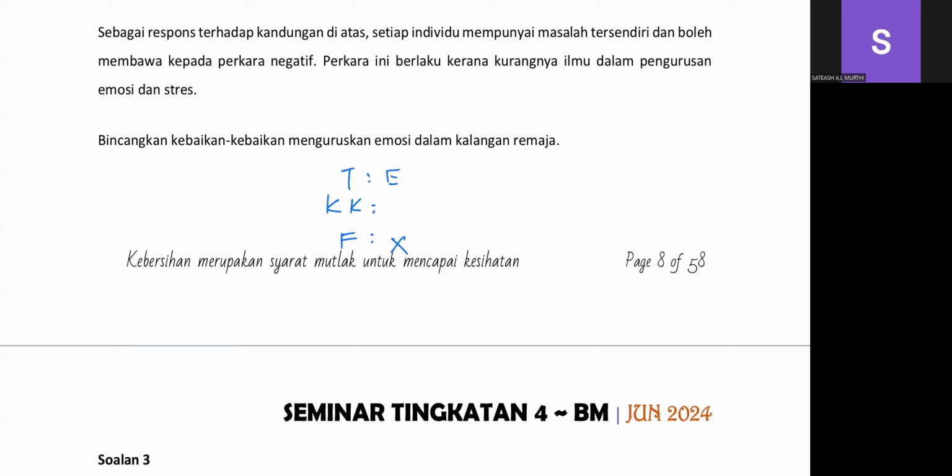Emosi is your topic. The whole essay is about emosi dalam kalangan remaja. But then what is your keyword? Kata kunci. Kata kunci means every isi you touch a point so that you won't go out of the topic.